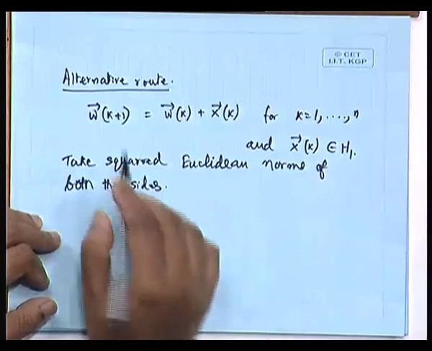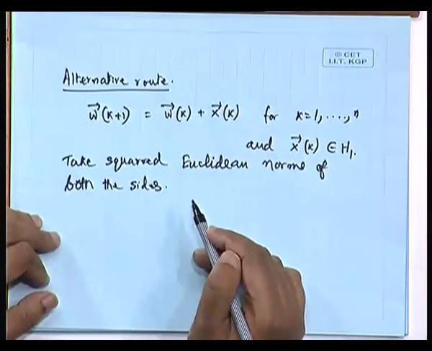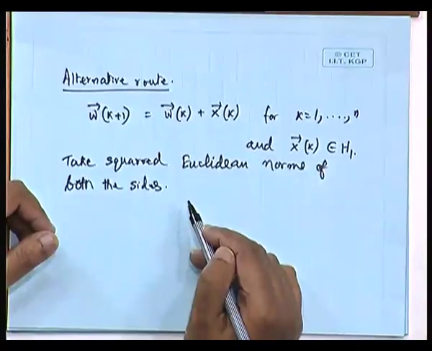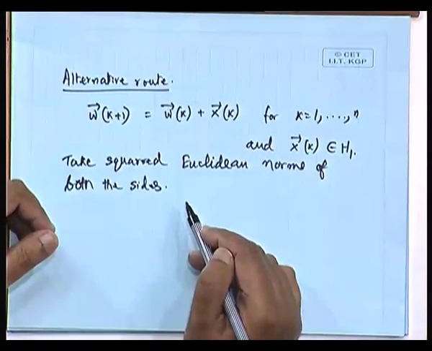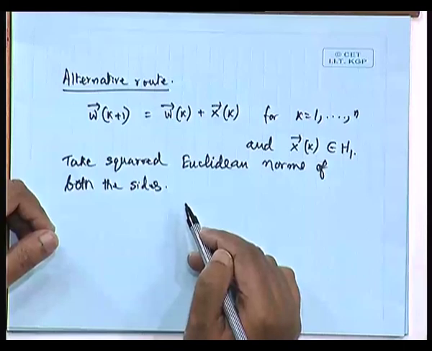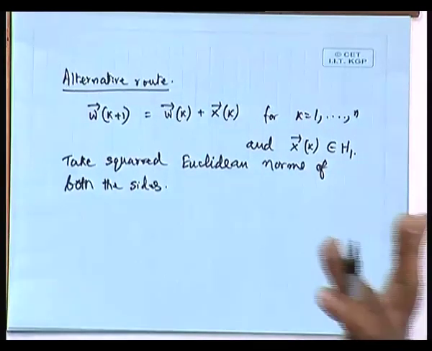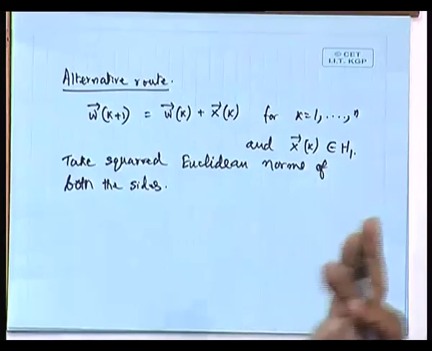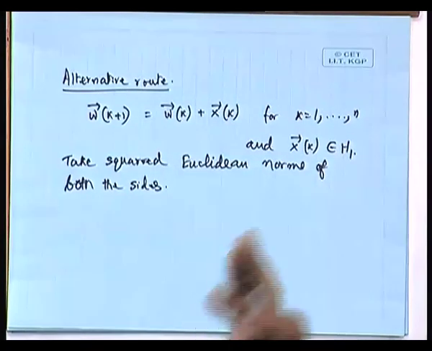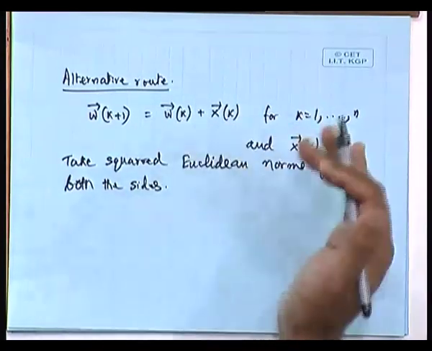What you are going to do is, the left hand side you are going to multiply by Wk plus 1 transpose, the right hand side you are going to pre-multiply by Wk plus xk whole thing transpose, that is, Wk transpose plus xk transpose.